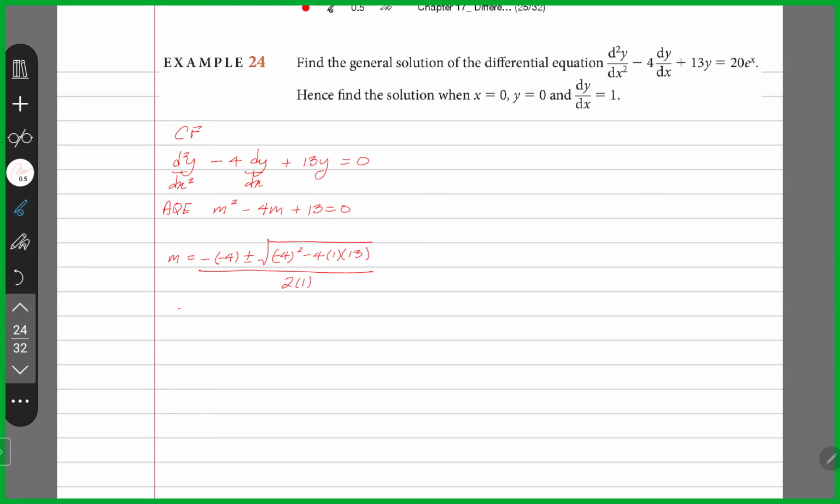So m, a negative times a negative is a positive, plus or minus the square root of 16 minus 52 all over 2. This is 4 plus or minus the square root of minus 36 over 2. This is 4 plus or minus 6i over 2.